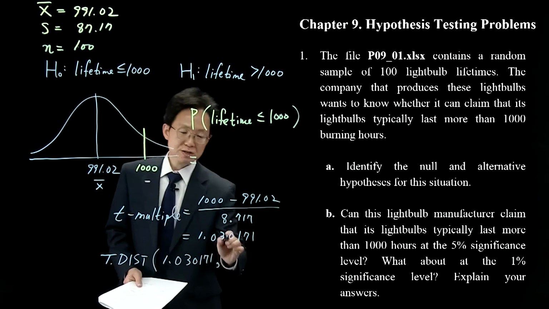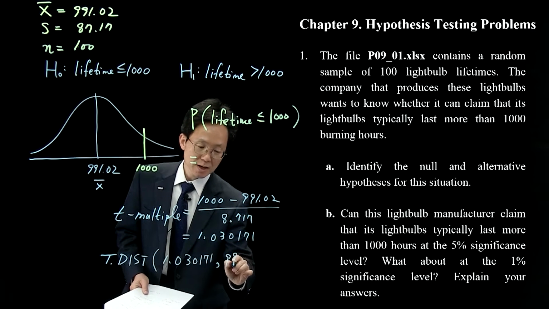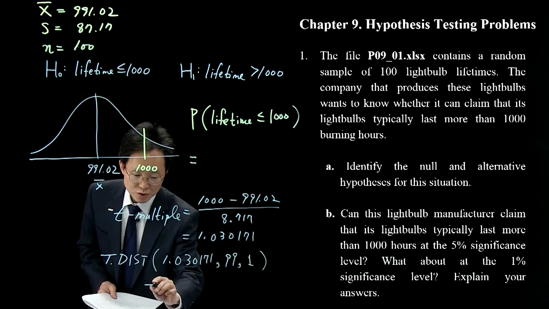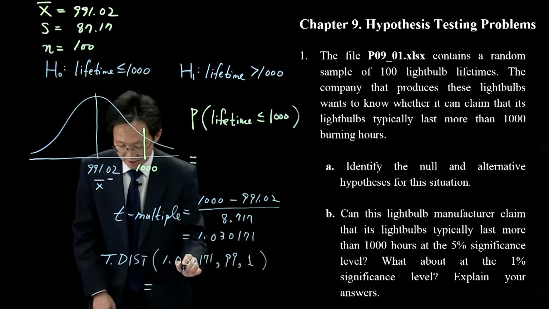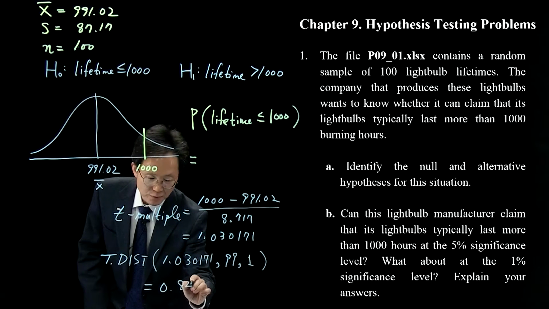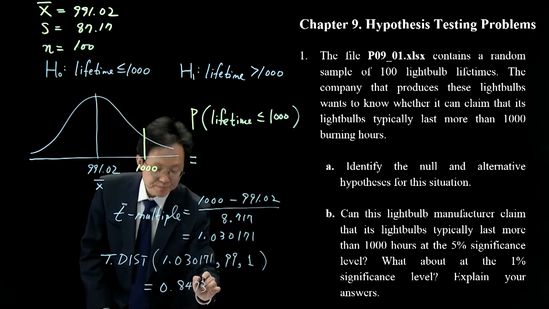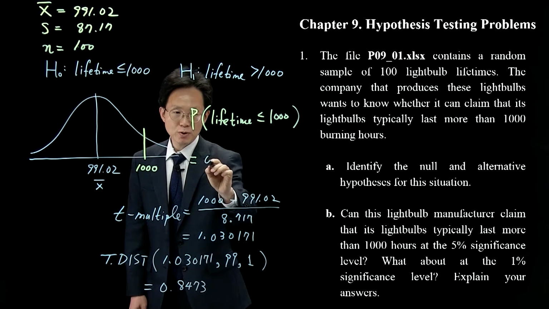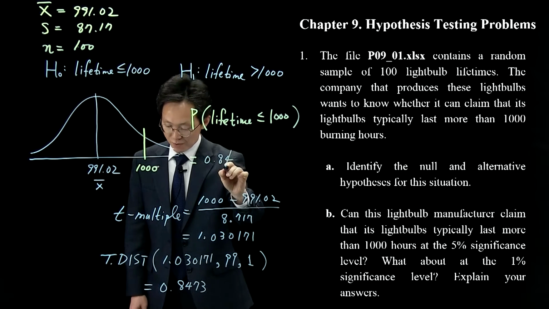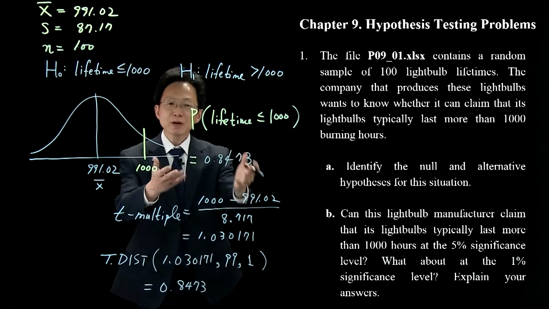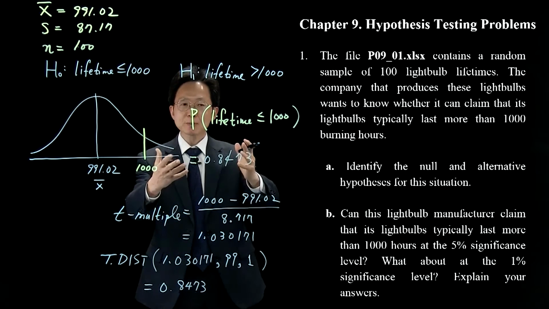The degree of freedom is 99. And we are using the cumulative probability. So this should be 0.8473. In other words, this one is going to be 0.8473. What do you think about this result? What do you think about this result?